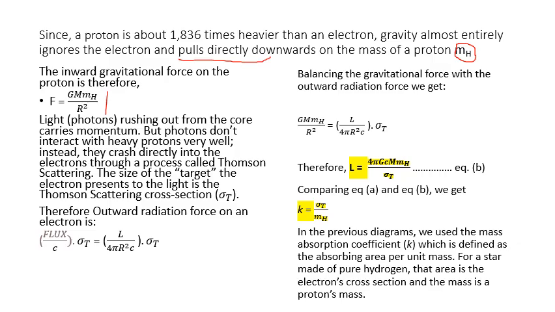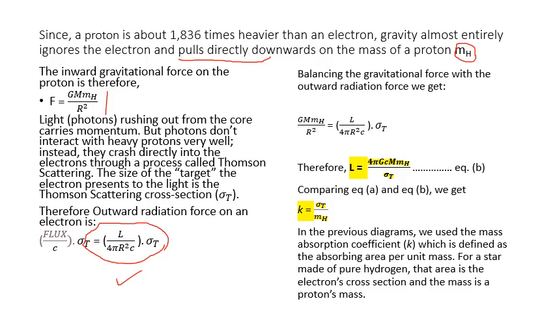The photons rushing out from the core carry momentum, and the force experienced by a single electron, as we discussed earlier, is L by 4 pi r squared c times the Thomson scattering constant. If you want to confirm, you can go back and see as you replay the video.